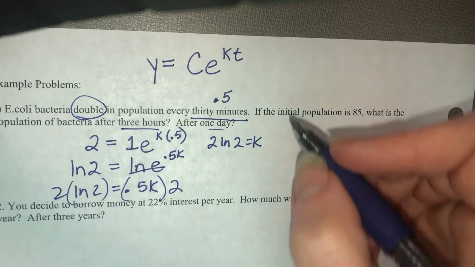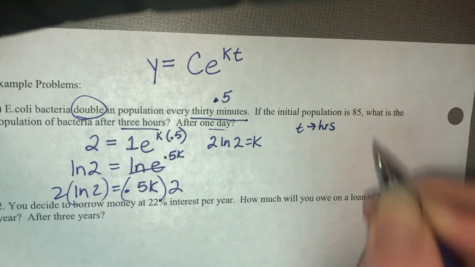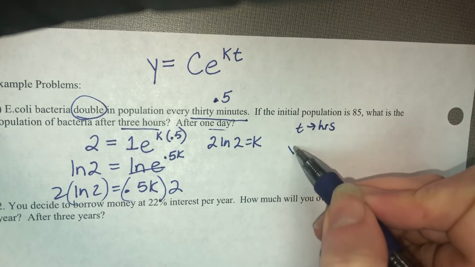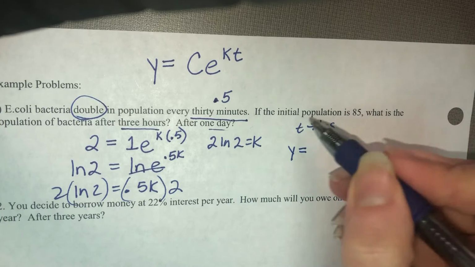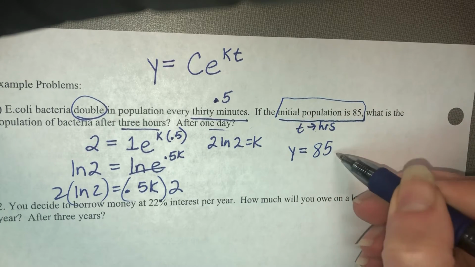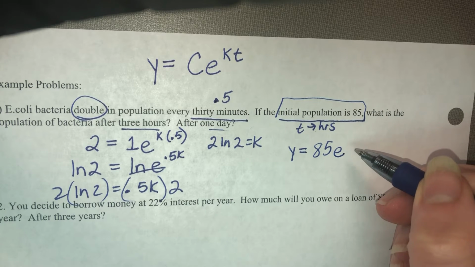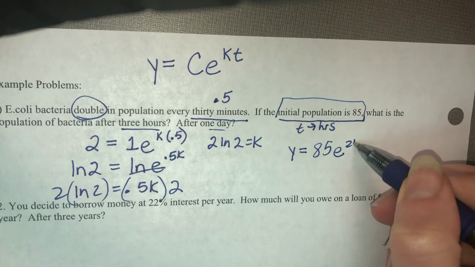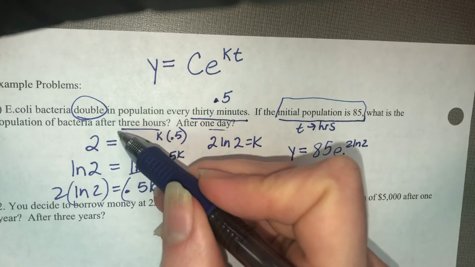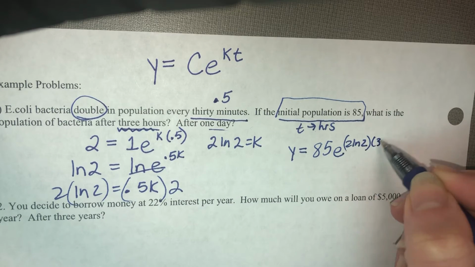So I've got my time measured in hours in this relationship. So y is going to equal the starting population, 85, times e to the power of k, which is 2 natural log of 2, times, we want to know after 3 hours, so times 3.